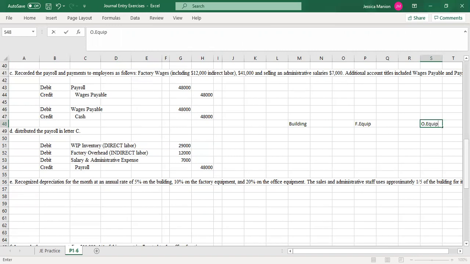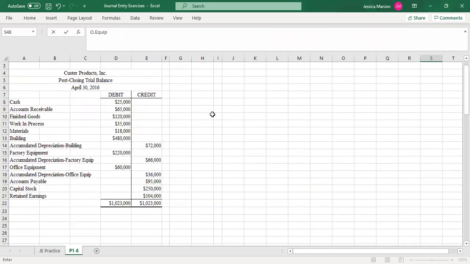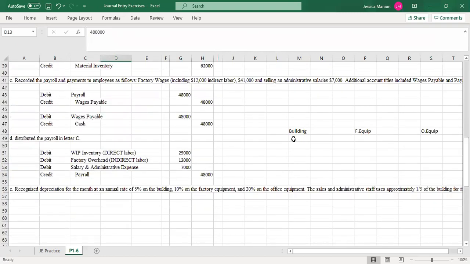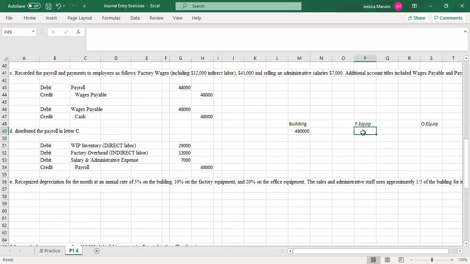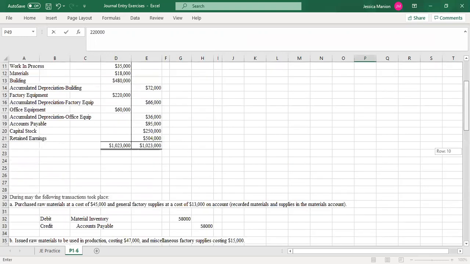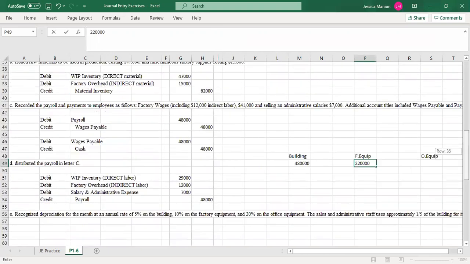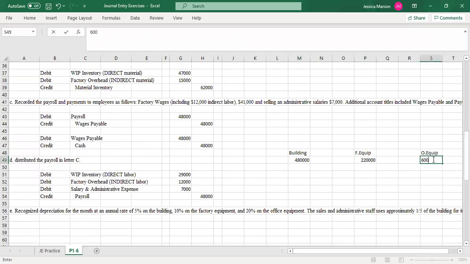Okay, let's go back up here. On the building, 480,000. So let's type that in down here. 480,000. Okay. On the factory equipment, 220,000. And on the office equipment, 60,000. Okay.